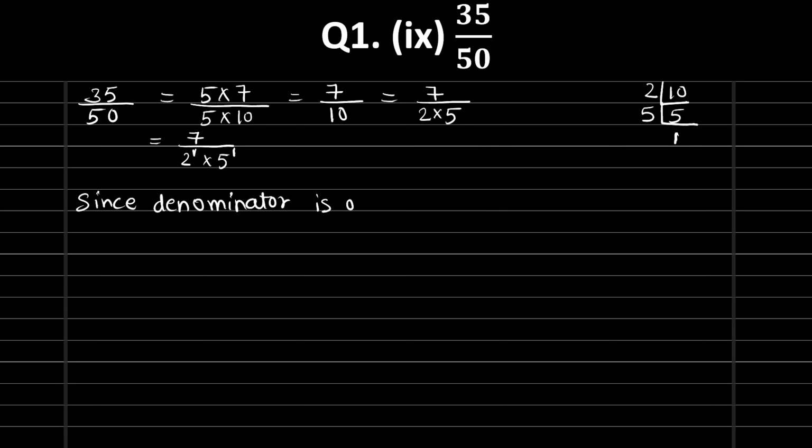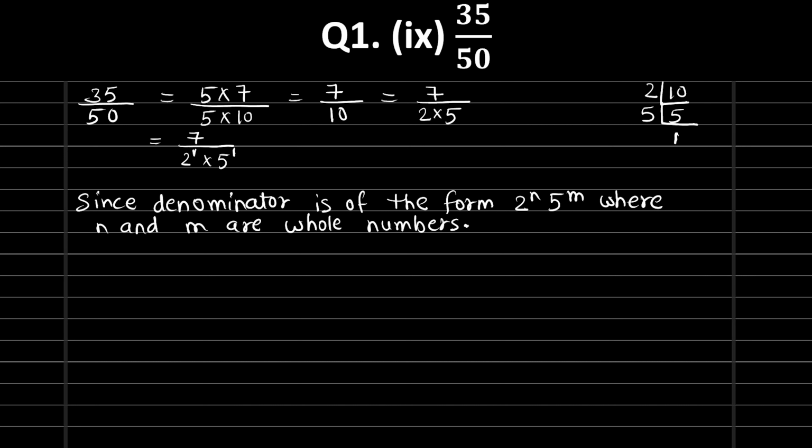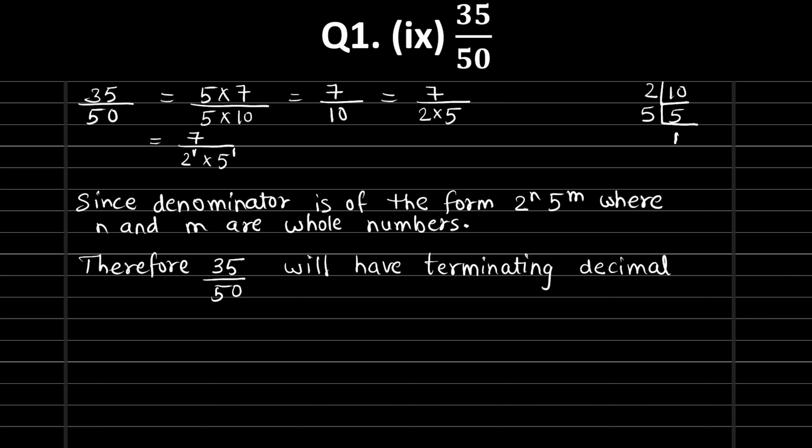So since the denominator is of the form 2 raised to n into 5 raised to m, where n and m are whole numbers, we can say therefore 35 upon 50 will have a terminating decimal expansion, because the prime factorization of 50 has only 2 and 5 as its prime factors, not any other number, right?